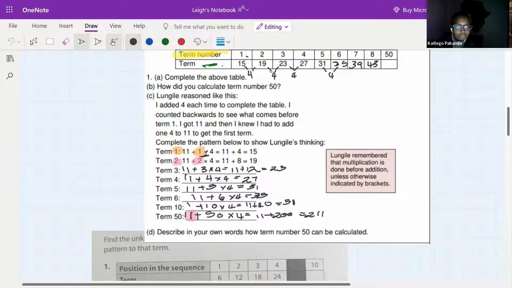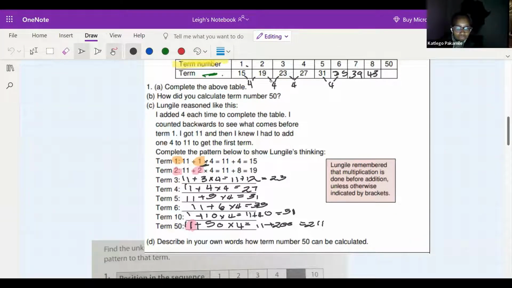Ma'am, since it's 11 plus 50 times 4, we say 50 times 4 is 200, and then 11 plus 200 will give us 211. Okay, so term number 50, we got it by multiplying 50 by 4, and then adding 11, right?